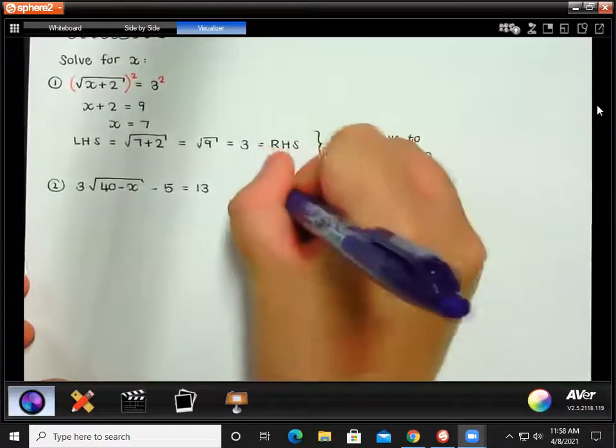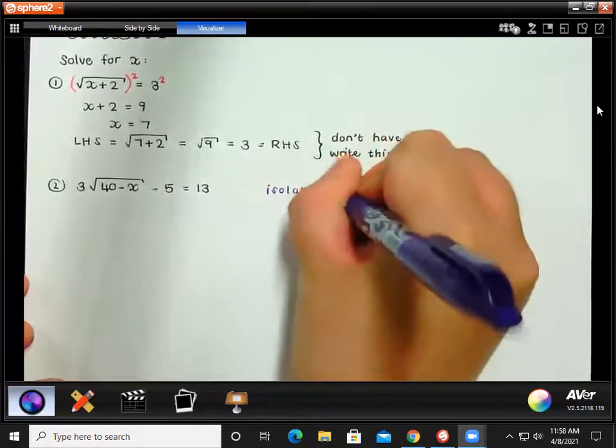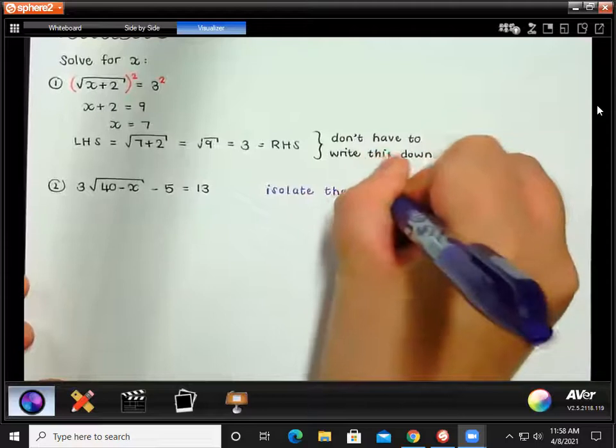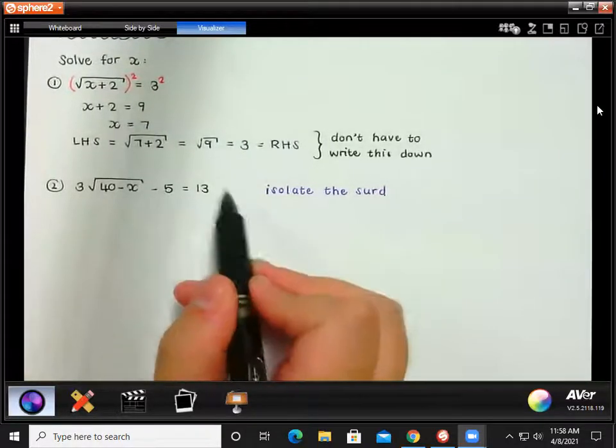I'm going to use the terminology that they used in the note, which is to isolate the surd. Okay, very fitting for our current times. We want to get the surd on its own. Okay, we all know what isolate means, I'm sure. So everything else we're going to move to the other side. So that -5 is going to become a +5.